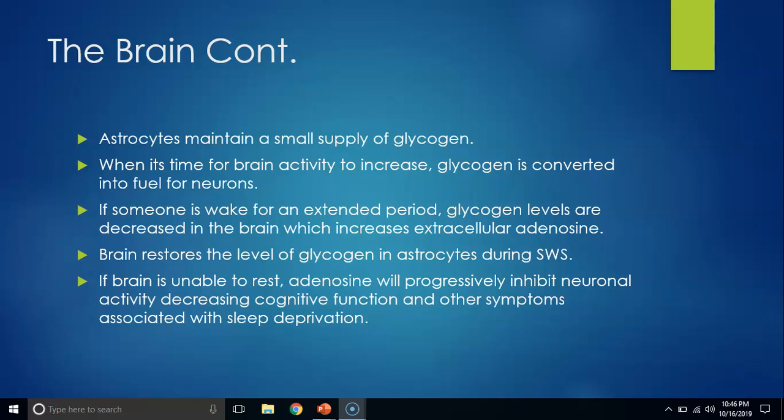If someone is awake for an extended period, glycogen levels are decreased in the brain, which increases extracellular adenosine. The brain restores the level of glycogen in astrocytes during slow wave sleep. So if the brain is unable to rest, adenosine will progressively inhibit neuronal activity, thus decreasing cognitive function and other symptoms associated with sleep deprivation.